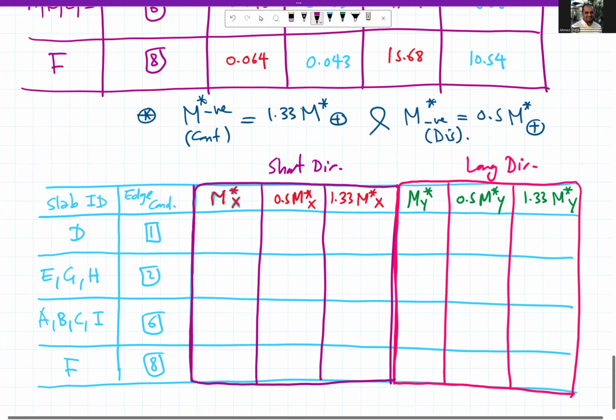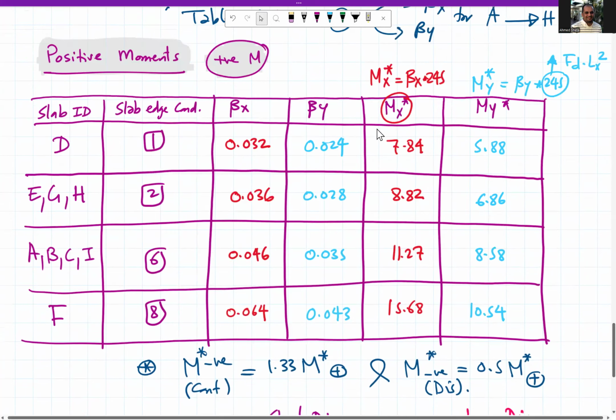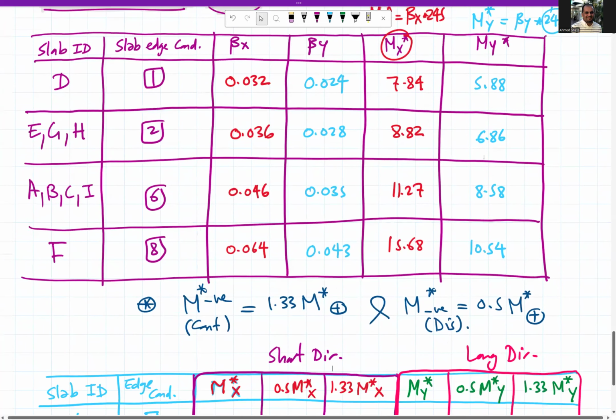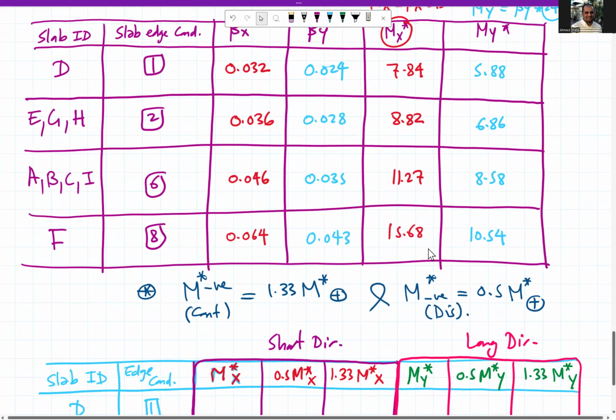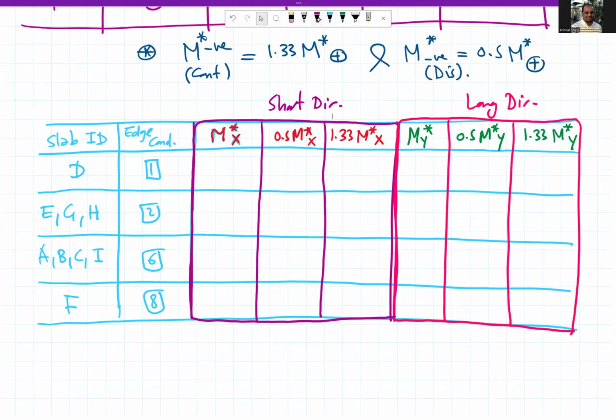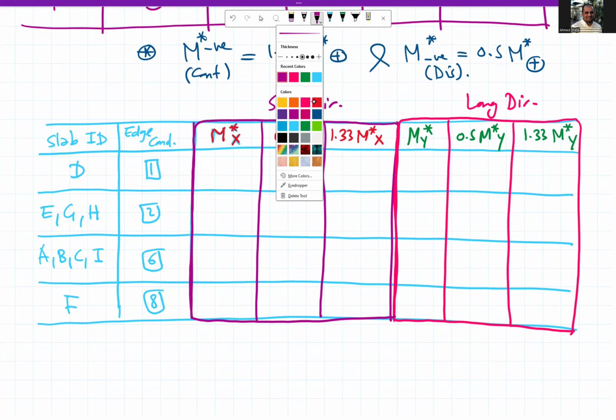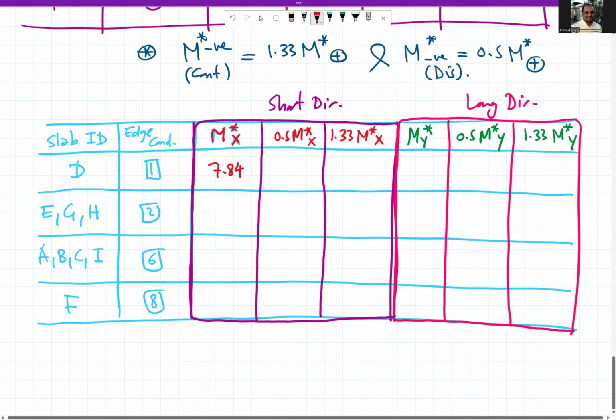So what I will do is get mx asterisk and my asterisk from the previous step and put them here. The values of mx asterisk are, for number 1, 7.84, and 8.82, and 11.27, and 15.68.